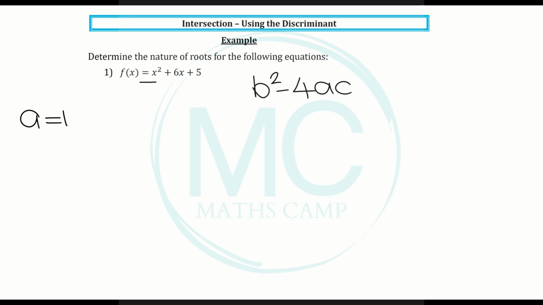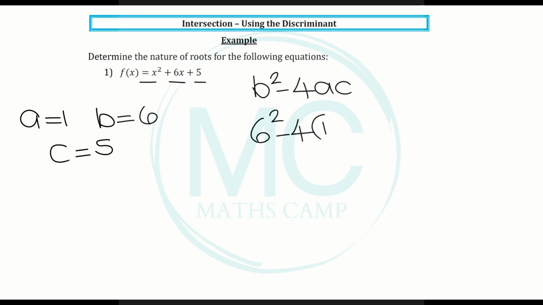B is the coefficient of x, so b is 6. And c is the constant, so in this case, c is 5. So now I can say b squared, 6 squared, minus 4, multiplied by 1, multiplied by 5. 6 squared is 36.